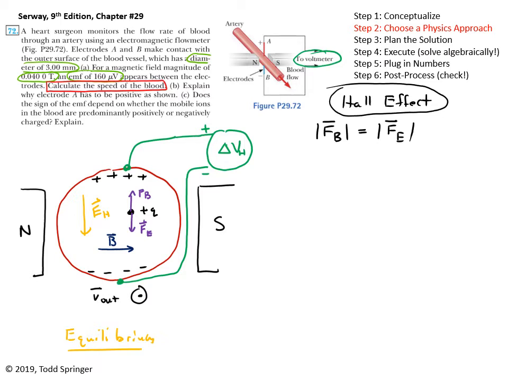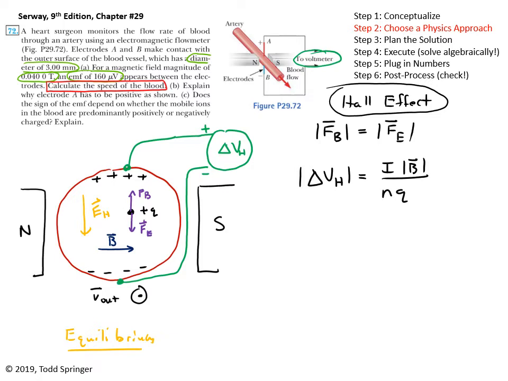The other thing you might remember, if you're good at memorizing or using your equation sheet, is this equation: delta VH is IB over NQ, and what goes here depends on which textbook you look at.